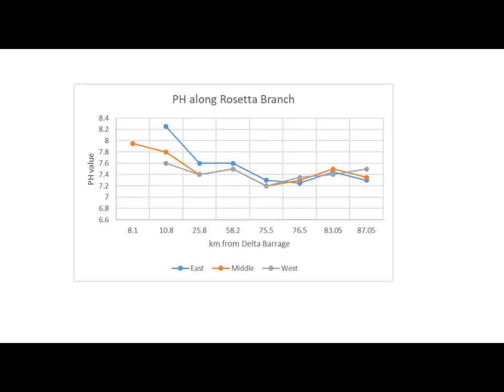If we use a line graph like we did in the previous example, we have equal distances on the x-axis between the kilometrage along the Rosetta branch, which is of course not correct, because the distance between 8.1 and 10.8 is shown the same as the distance between 10.8 and 25.8.